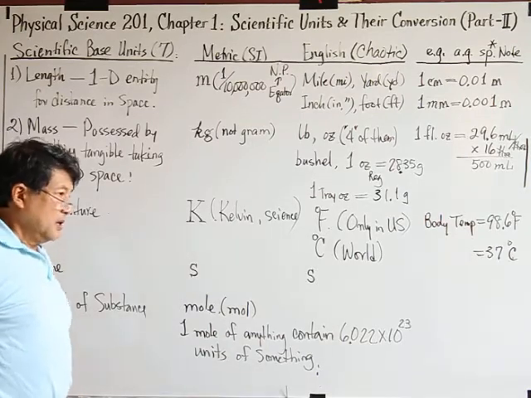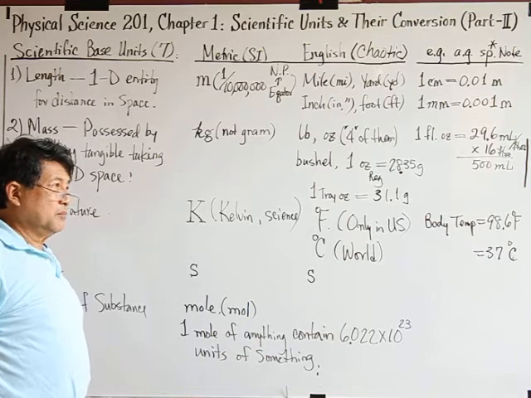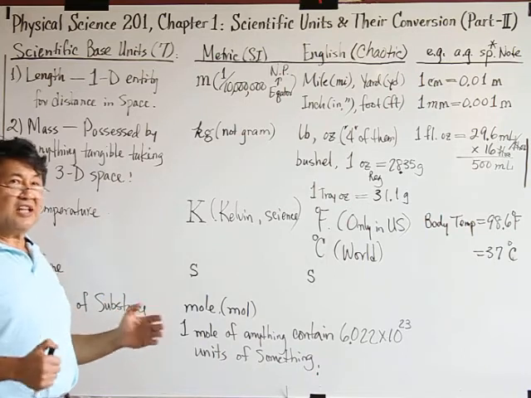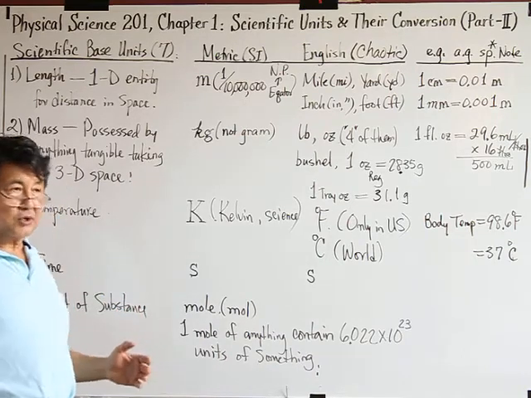All right. But what happens if we change from ping pong balls to table salt, right? How can we figure out the size of 1 mole of table salt, NaCl? NaCl is what? Sodium chloride, right?